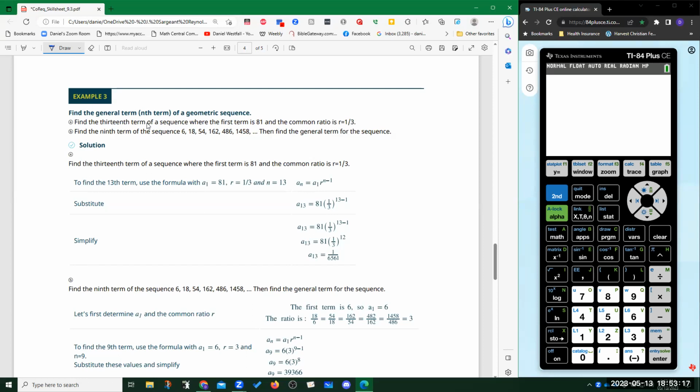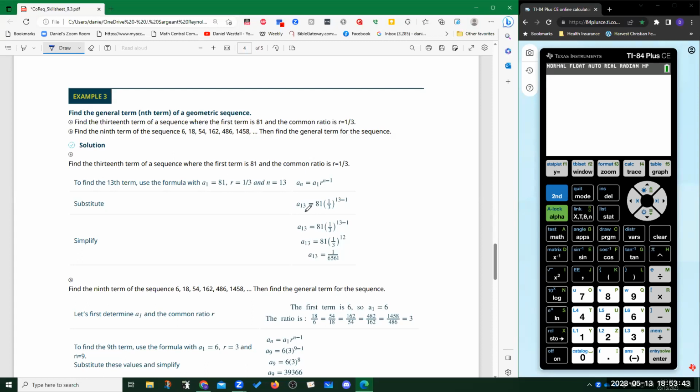We're going to plug that into our general formula that they gave us, a_n equals a1 r to the n minus 1. And that's going to be that the 13th term, a13, is going to be 81 times 1/3 to the 13 minus 1, because we're going to need to multiply by that 1/3 12 times.